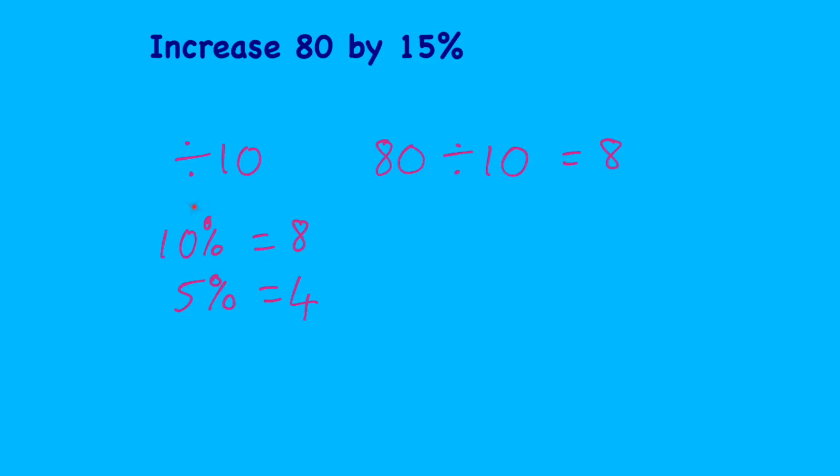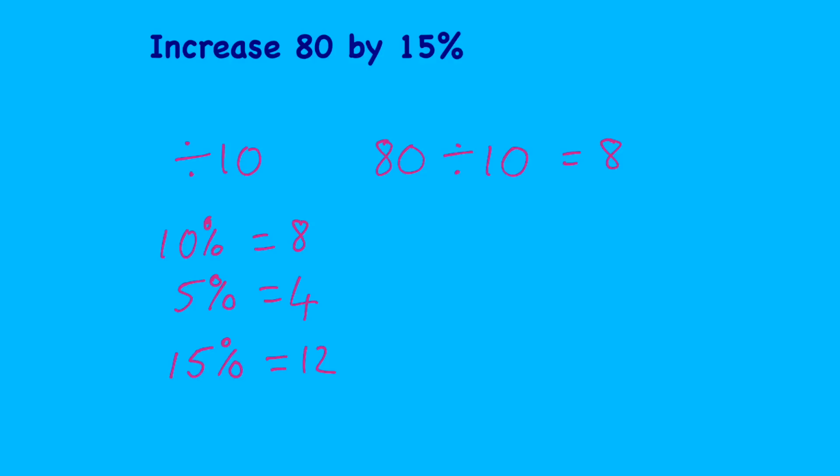And if I add the 10% and the 5% together, that will give me 15% of 80. So 15% of 80, 8 plus 4, which is 12. If I wanted to find what 15% of 80 was, this would be my final answer.